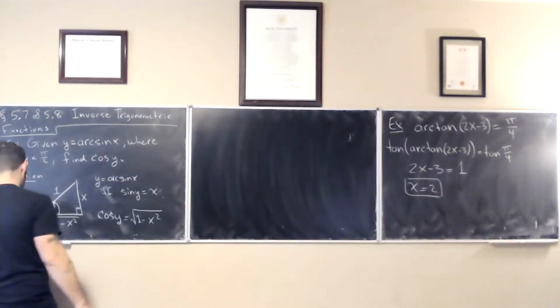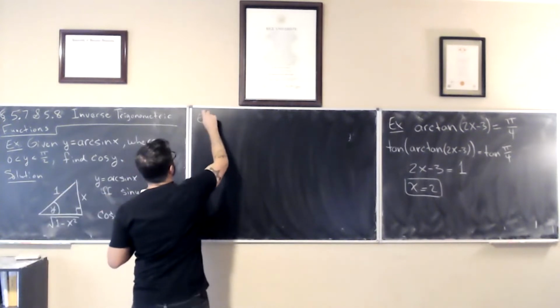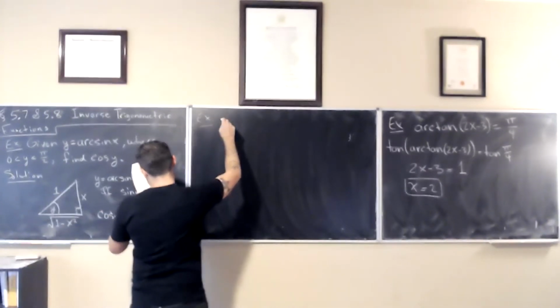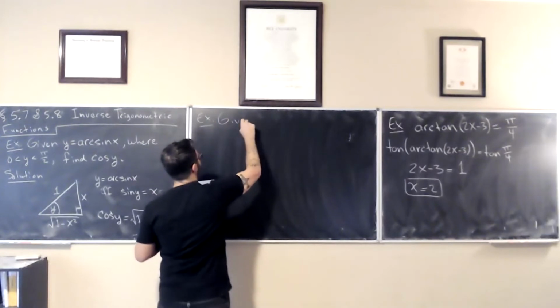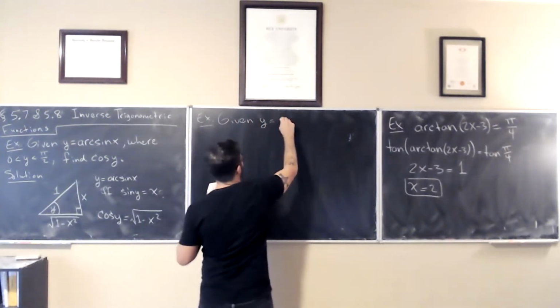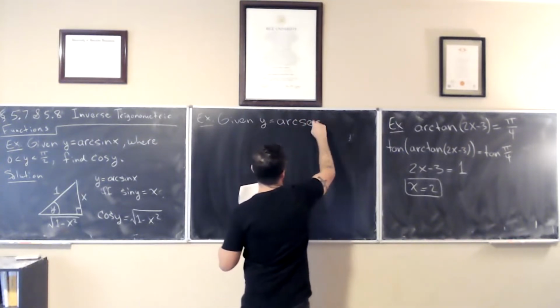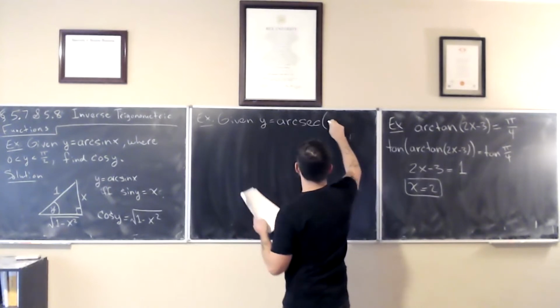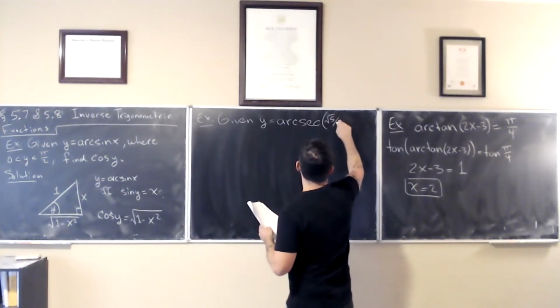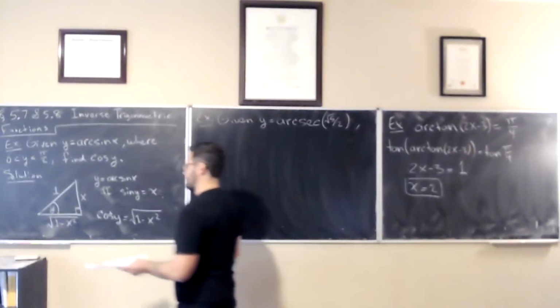Okay, let's look at an actual numerical problem. So given y is equal to arcsecant, and that's just the inverse of the secant function, arcsecant of root 5 over 2, find tangent y.